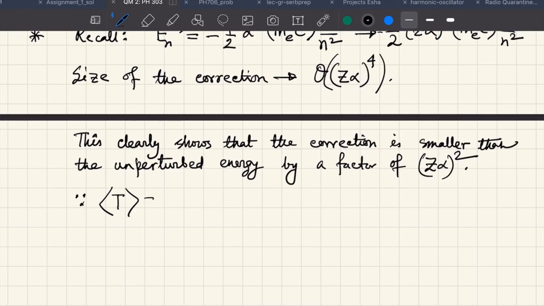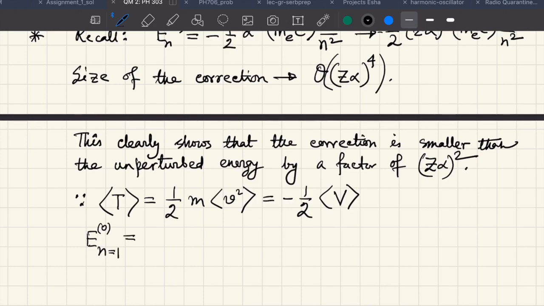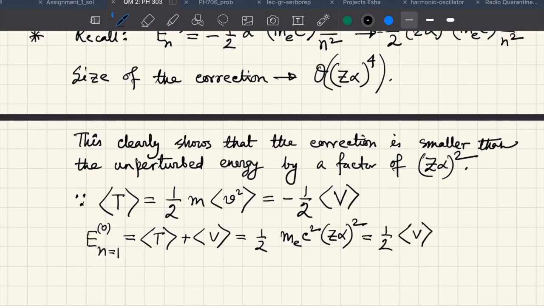The kinetic energy expression in general we write as half mv squared, and if you take the expectation value, this gives you half m expectation value of v square, which for hydrogen atom I claimed is nothing but minus half times the expectation value of V. Now we know for ground state n equal to 1, En0 is just expectation value of T plus expectation value of V, which is half me c squared z alpha whole square, which is nothing but half expectation value of the potential energy, which again in turn is half me expectation value of velocity squared.